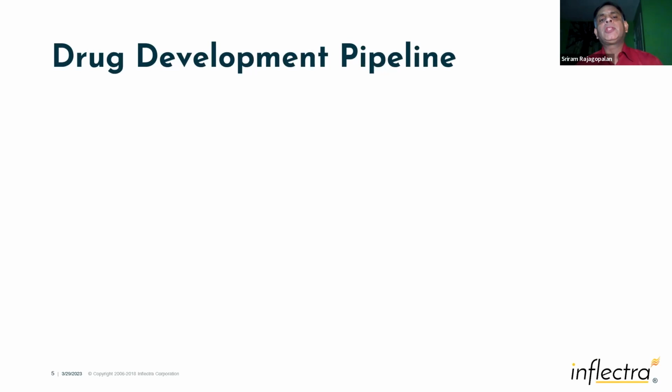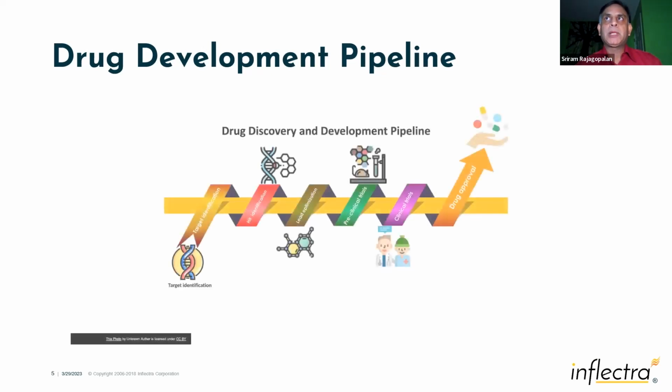So before we even get started, the concept of GAMP primarily came from the notion of drug development. When we look at the drug development lifecycle, we basically come up with how to identify a specific target population for solving a specific disease state.